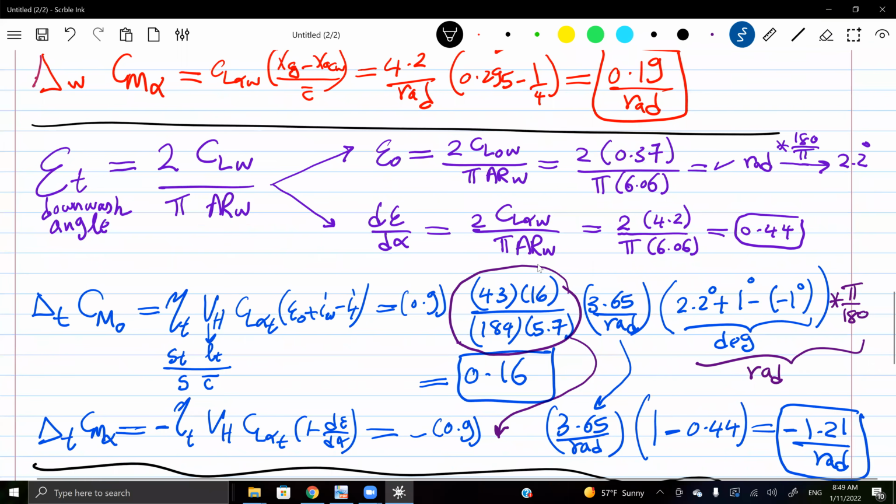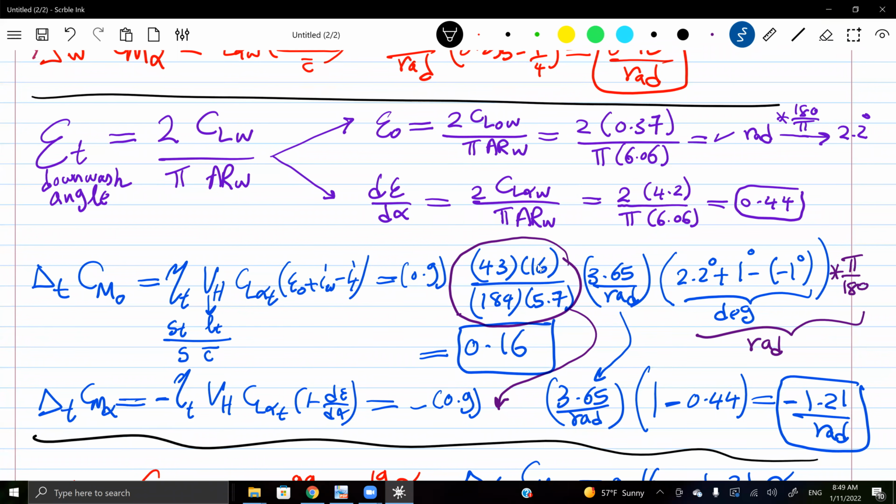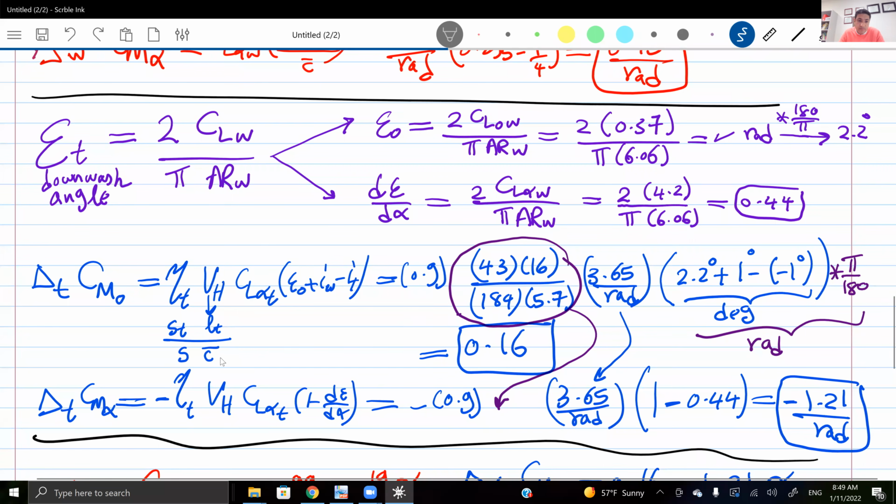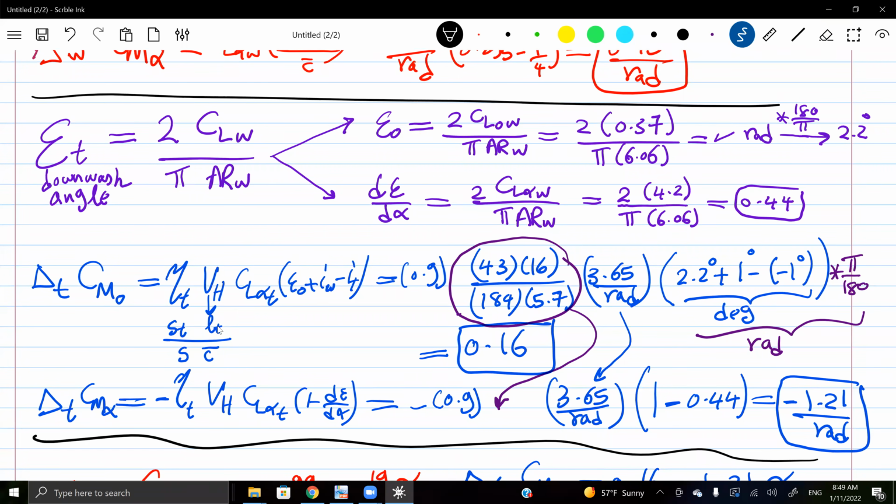Yes. VH is S tail L tail over S c-bar. It's a ratio of area times the length, area times the length. It's a ratio of volumes. This VH, the whole thing.